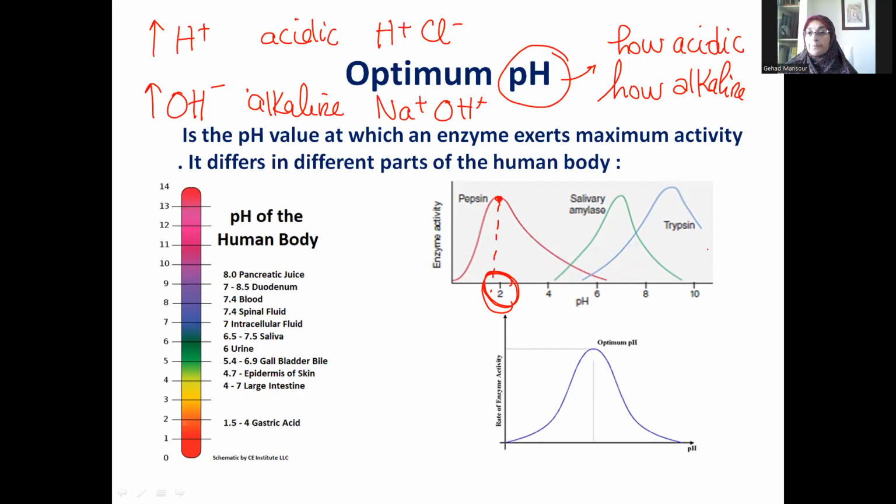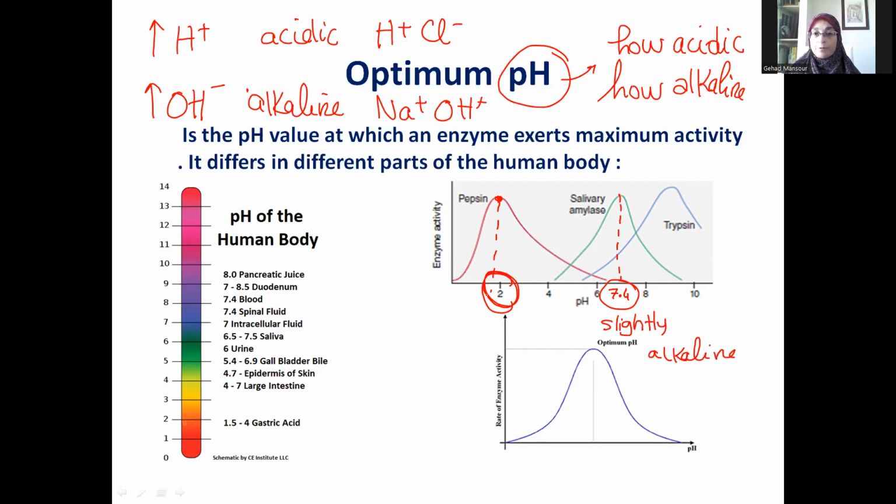So which enzyme has its peak action at 2? It is pepsin. On the other hand, salivary amylase, which is the enzyme present in the mouth cavity, has an optimum pH of 7.4. So this is slightly alkaline, and we will know why next time, inshallah.